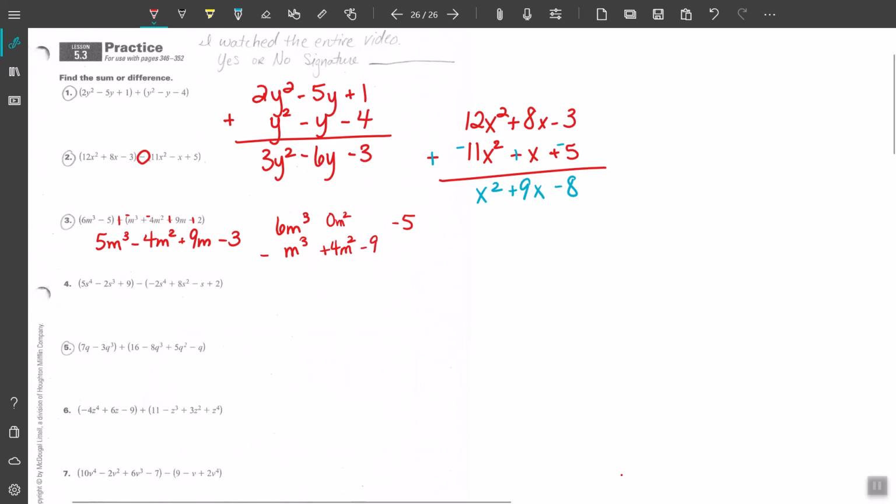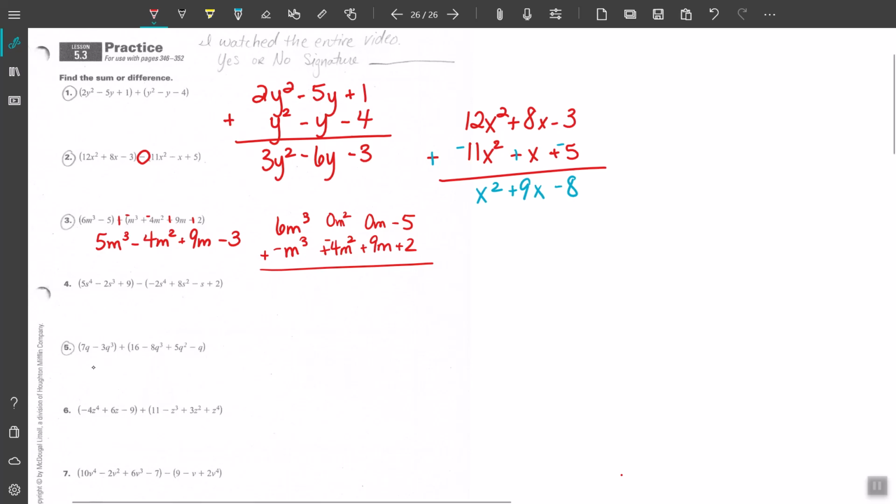Otherwise, you don't have to do that. Same thing here, there's no m to the first power. All right, so when you line them up like that, then again, you have to remember to go back in. You're subtracting the entire polynomial, so we change those signs. So essentially, you're doing exactly the same thing. It's just a matter of which way you're more comfortable with.